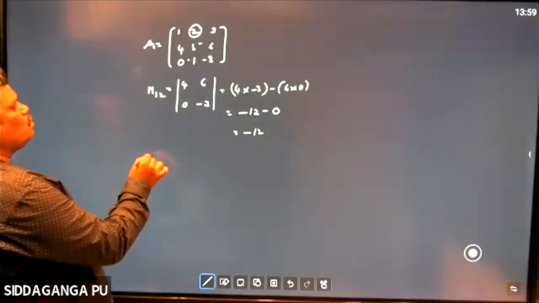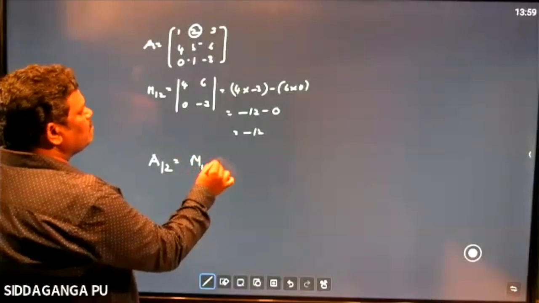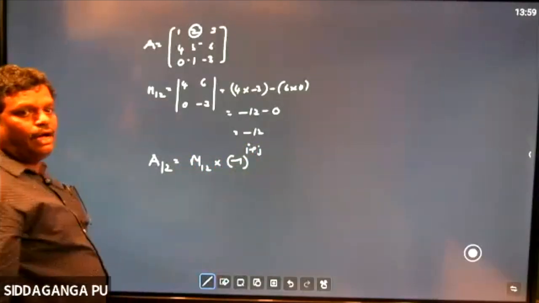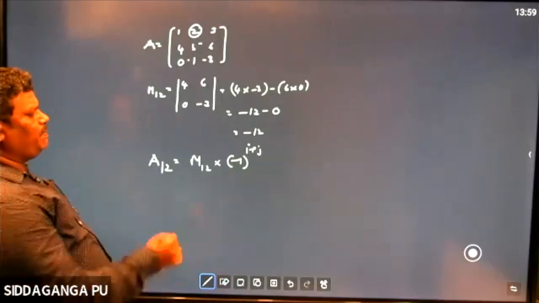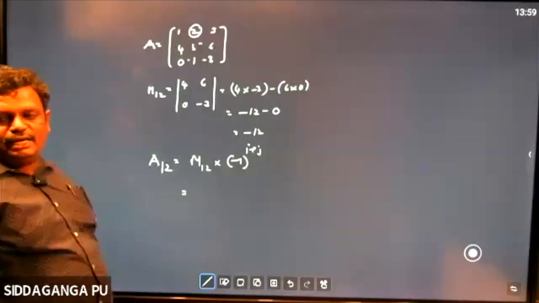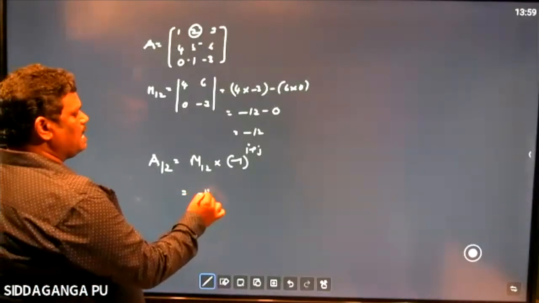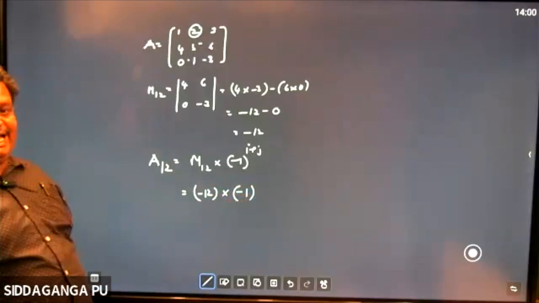Now I want to find the cofactor. A12 is equal to M12 into -1 whole power i plus j. M12 value is -12 into -1 whole power i plus j.